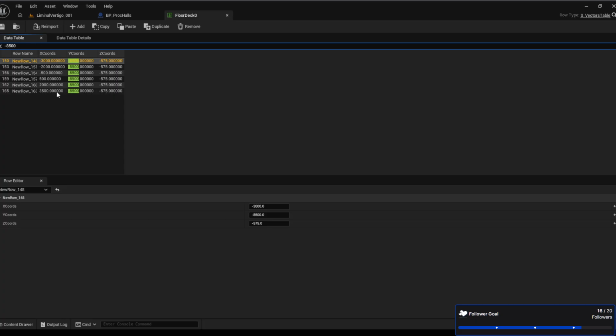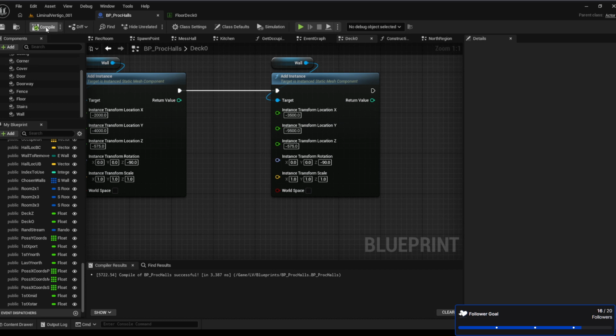And we know it's the 4, 5, 6. It's this one. So this one needs to move over to 2500. Okay, let's save that. Let's compile these in first to see if I got the walls correct and that one floor. And then I can do the rest of the floors.